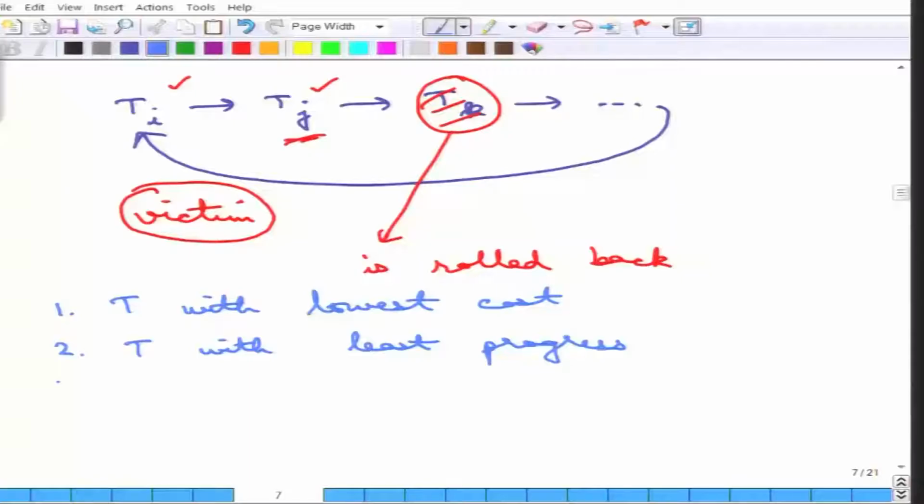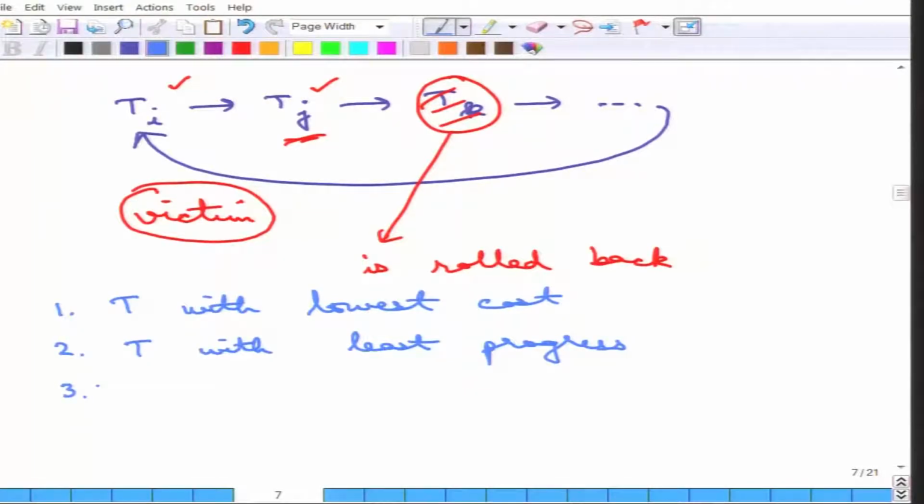In the second heuristic, the transaction with the lowest progress is chosen, meaning it has gone the least way through its order of operations. So it has completed the least amount of work. If that is made the victim, then the least amount of work is lost. That is the rationale of the second heuristic.